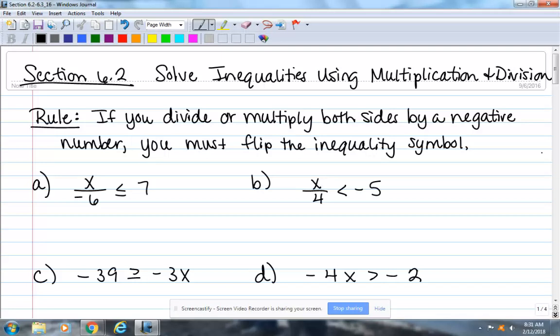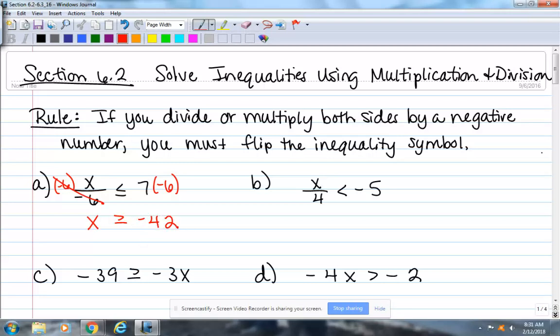Okay? So look at example A. It says x divided by -6 is less than or equal to 7. So how do you think we're going to get the x by itself? Multiply by -6. And am I multiplying both sides by a negative? Yes. So I will change this and make x greater than or equal to -42.